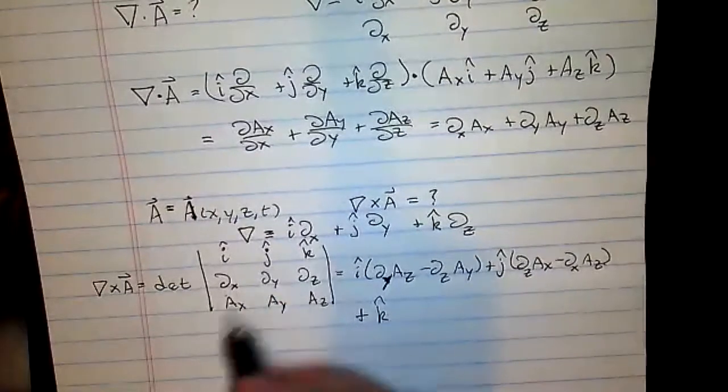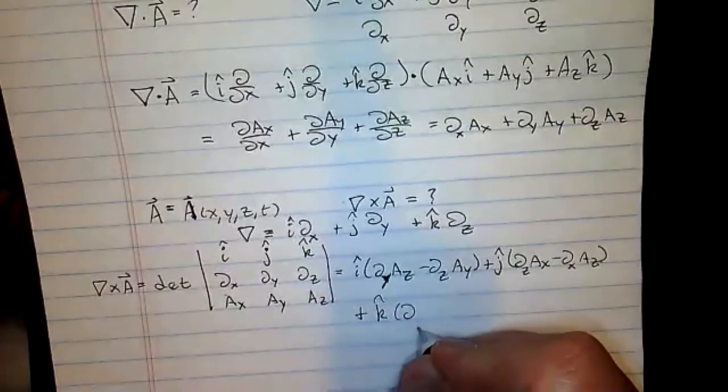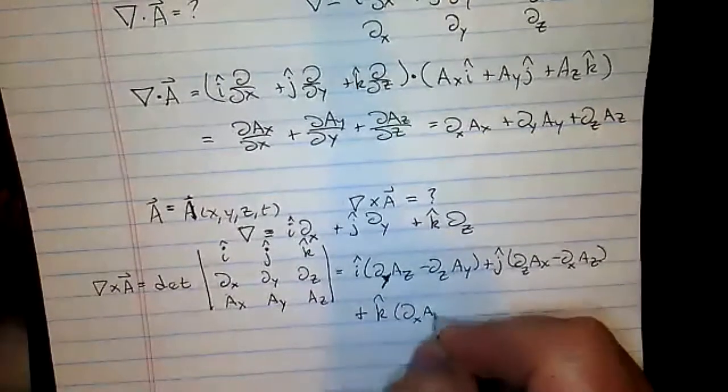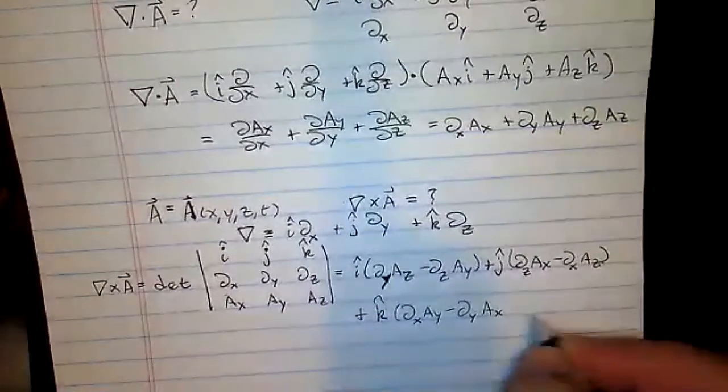What's left is this minus this, so it's partial with respect to x of A sub y minus the partial with respect to y of A sub x.